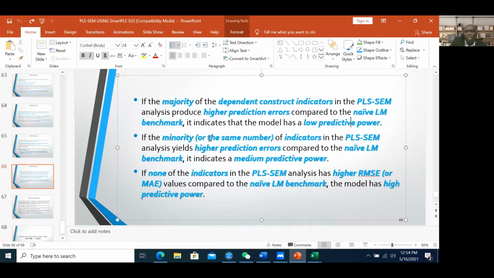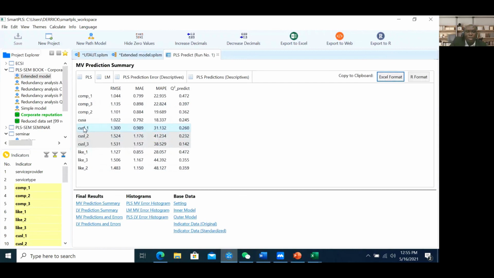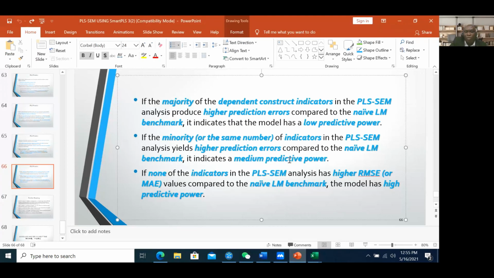If the minority of the indicators in the PLS-SEM have values that are higher, then we have a medium predictive power. Now, if none of the indicators in the PLS-SEM analysis has higher RMSE values compared to the naive benchmark, then the model has a high predictive power.